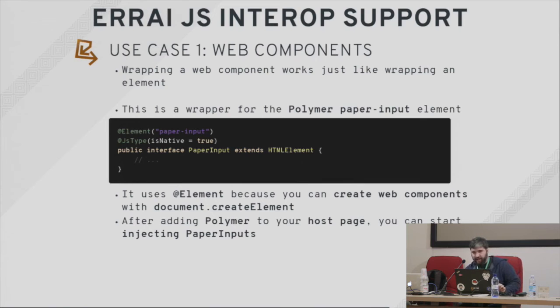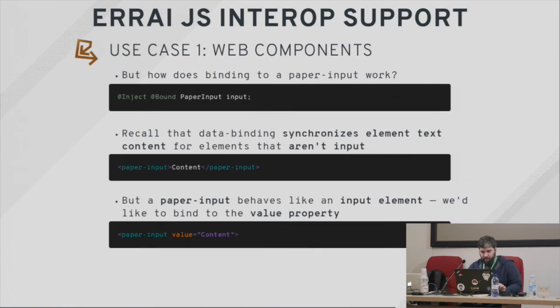This works exactly like the element wrappers, in that if you try to inject a paper input, Errai will call document create element with the paper input tag name, and provided that you've imported the definition of this web component on your host page, this is just going to work at runtime.